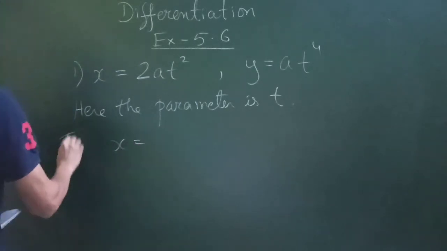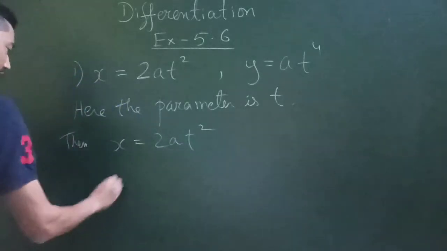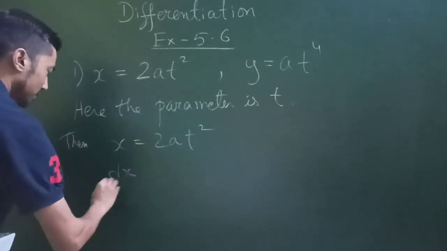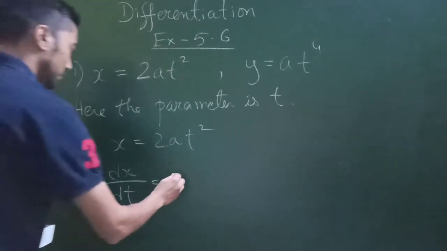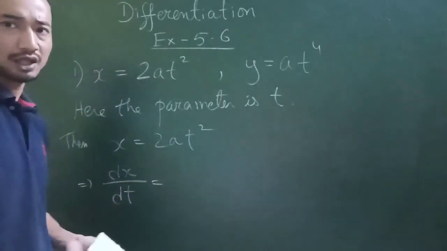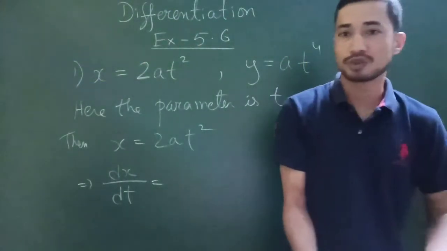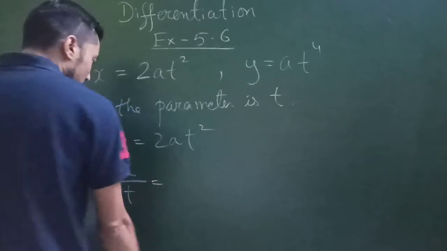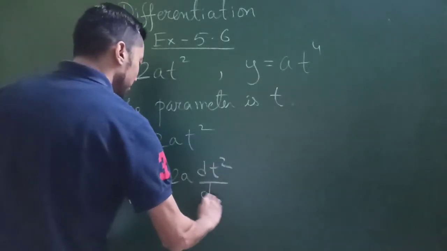So x equal to 2at². I'll go straight to the differentiation. I'll differentiate this function with respect to t. Since this is almost the last part of differentiation, let's go straight to it. Take the constant 2a out, t² with respect to t.